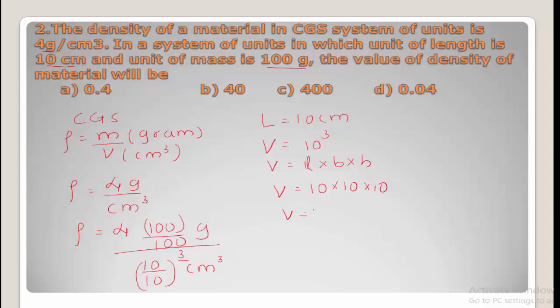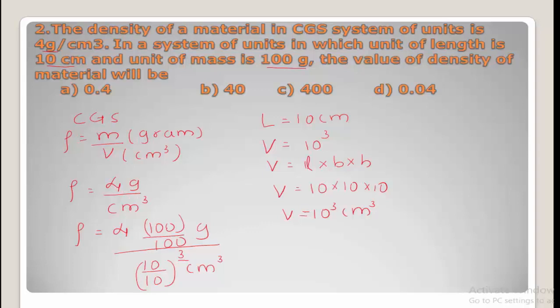So volume is equals to 10 raised to 3 centimeter cube. So the density is 4 gram per centimeter cube. So the mass is increased by 100. So 100 by 100 into gram divided by 10 raised to 3. So if you cancel these two values, again you will get this 4 gram per centimeter cube.